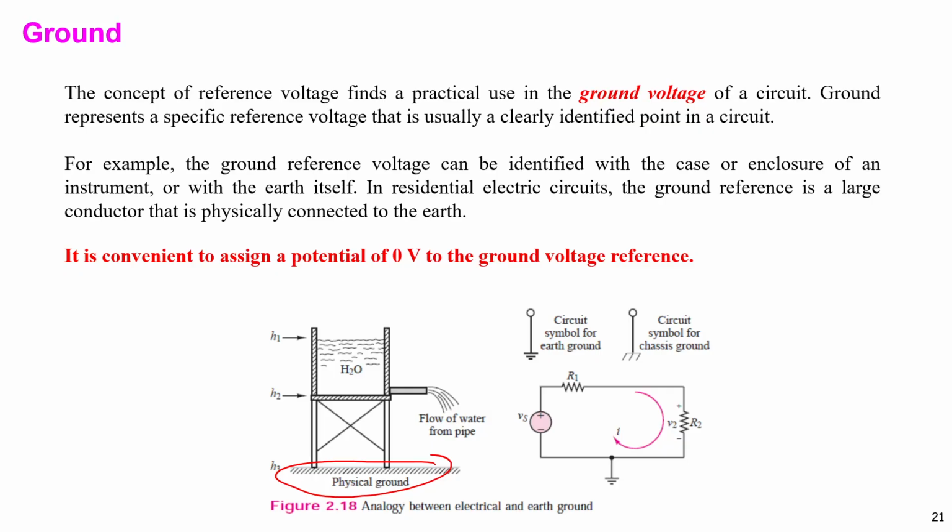We write down this symbol, or maybe we don't need to write it, but just keep in mind that this node is the reference, the ground node. So the voltage compared to this node is the same as potential energy compared to our reference ground.